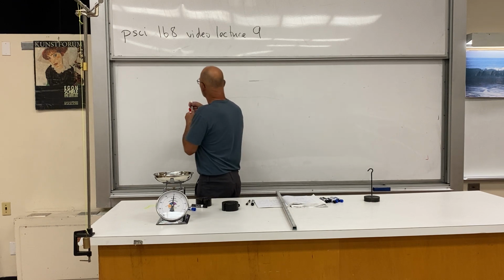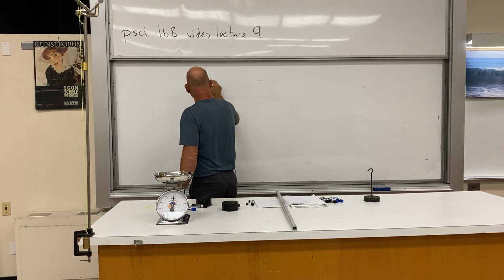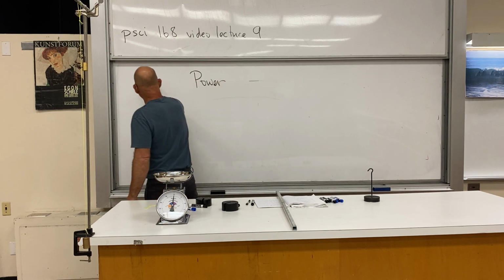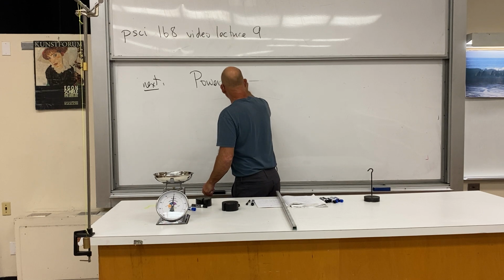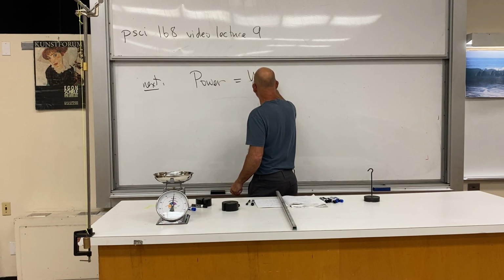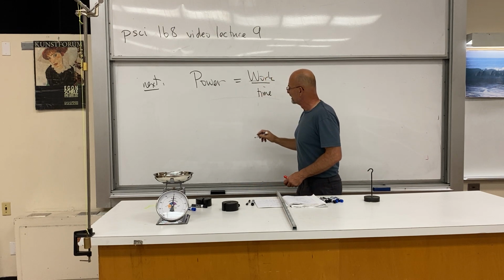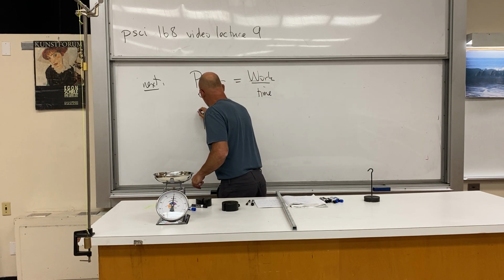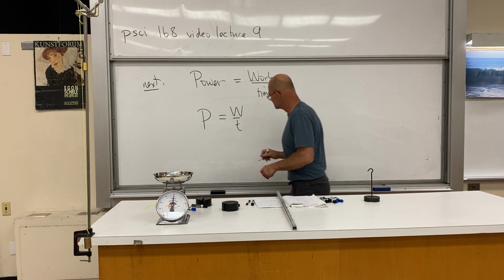So we have work, we have potential energy, and now we have power. So next, power is work divided by time. Okay. So I'm going to use the letter P, W divided by T.